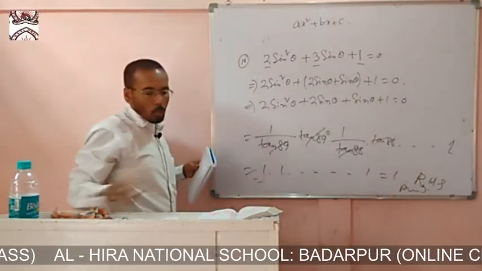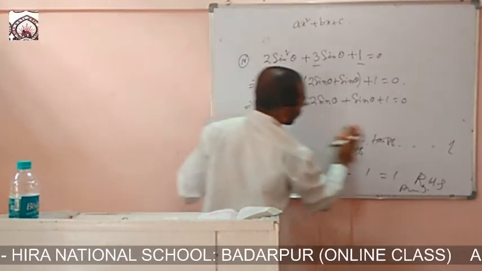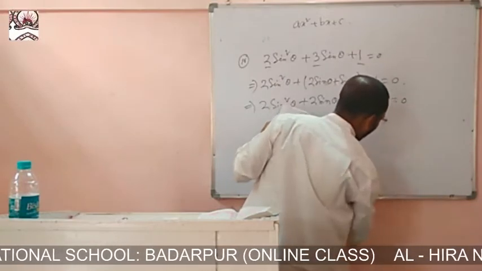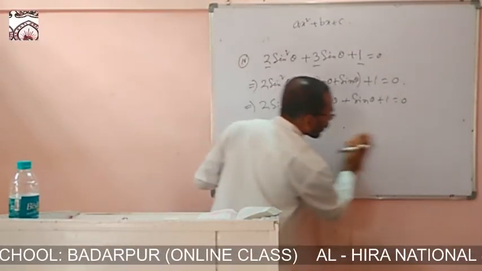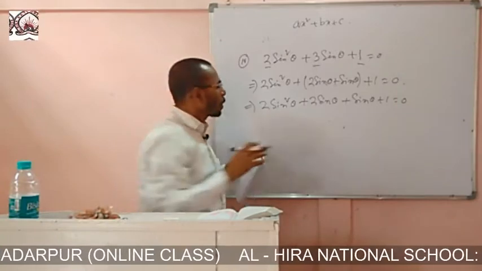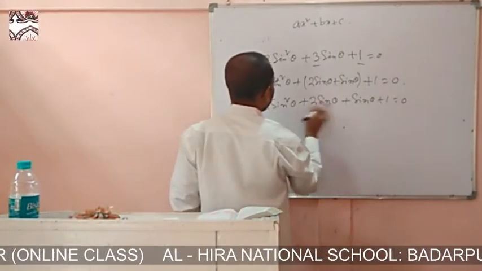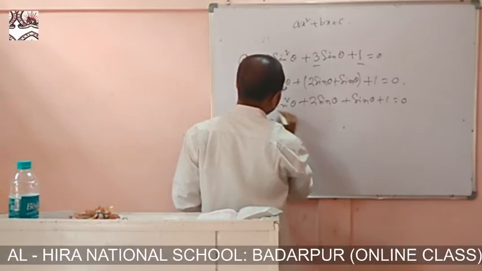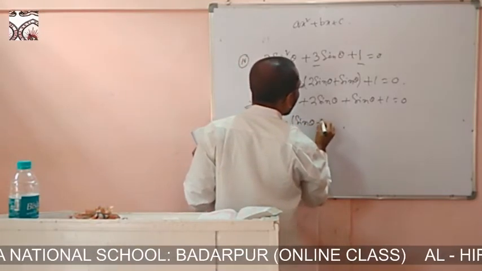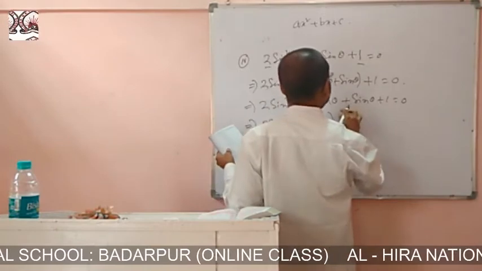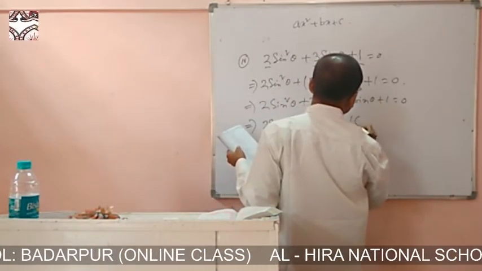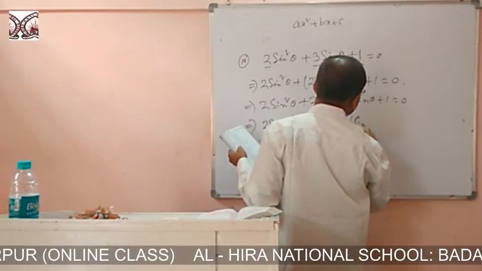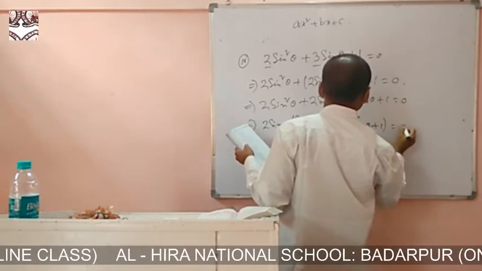So from this we can take common, so this is twice sin theta, so twice sin theta common. So from this you get sin theta plus 1, and from this 1 common, so it is sin theta plus 1 is equal to 0.